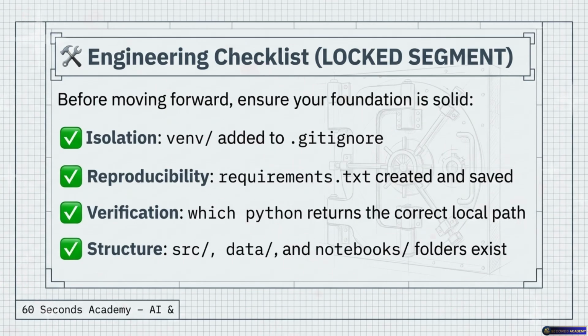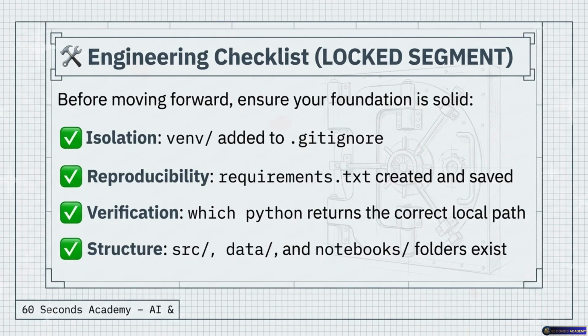Did you actually run the which python command to check your Python path, proving to yourself that you were safely inside the protected bubble of your virtual environment? Always verify. And finally, structure. Do your src and data folders exist, properly separating your core engineering logic from your messy experimental data? If you can check all 4 of those boxes, you are no longer just a scripter. You are operating at a professional engineering baseline.